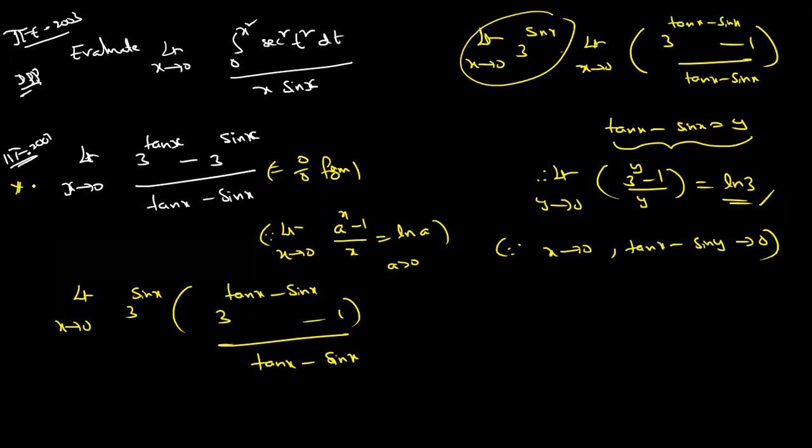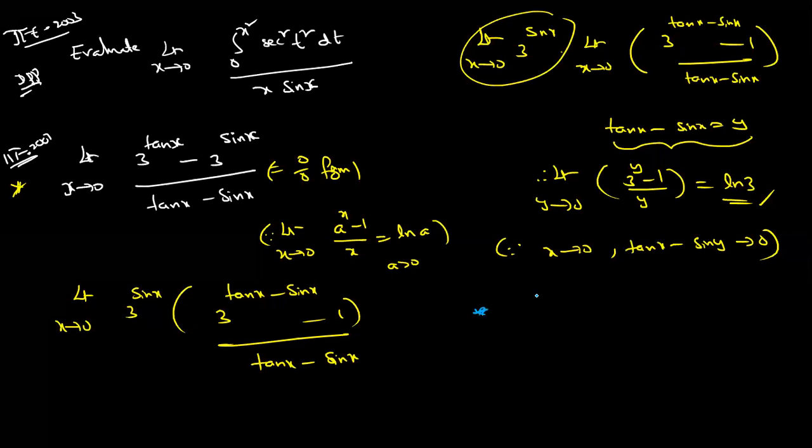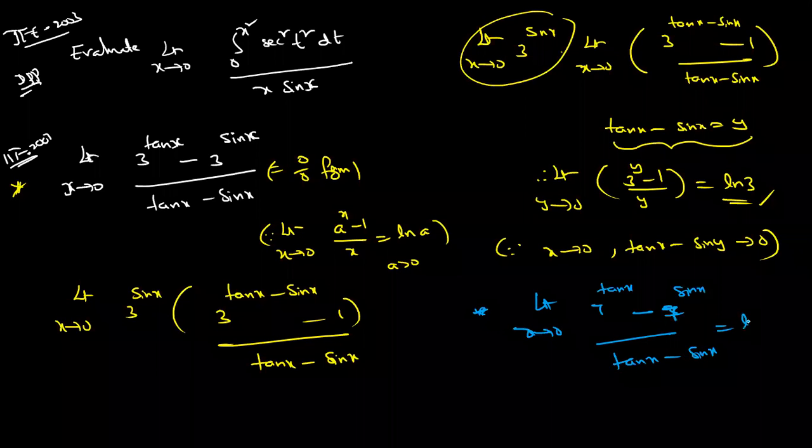Excellent question, this one. So the same model I'm giving. Who will respond? Limit x tends to 0, 7 power tan x minus 7 power sin x, by tan x minus sin x. What is the answer, anyone? Yes, ln 7, because 7 is greater than 0. That is the logic.